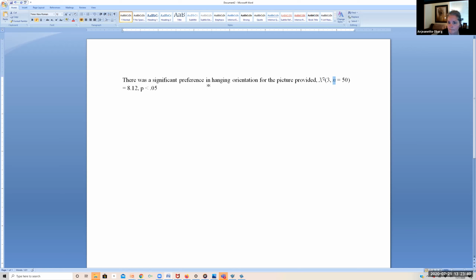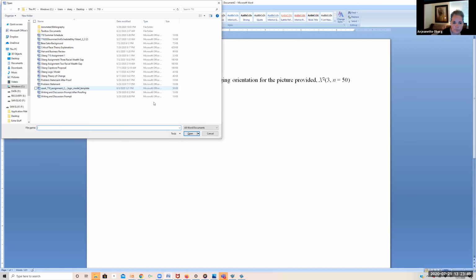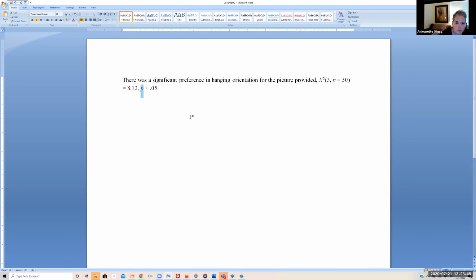It's also not good to break this up like that. So I'm going to hit return and keep it all together, period. And then I'm going to turn around and now interpret it, do my statement of interpretation. The most preferred orientation was top up.